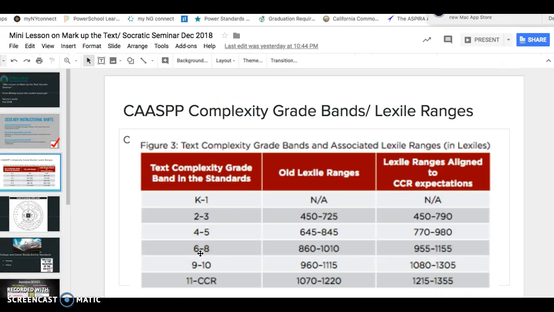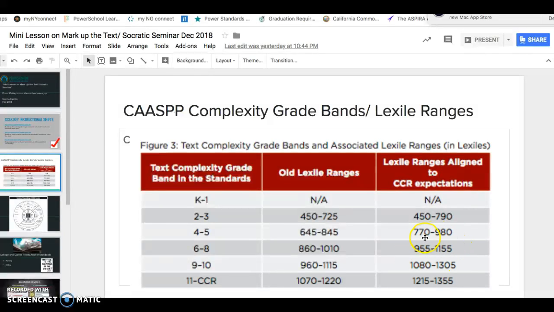In the resources provided at the bottom of this document, I added the complexity band for SBAC, and for grades 6 through 8, the Lexile that students are expected to be able to perform. The readings given in the exam are going to range between 955 and 1155 Lexile.